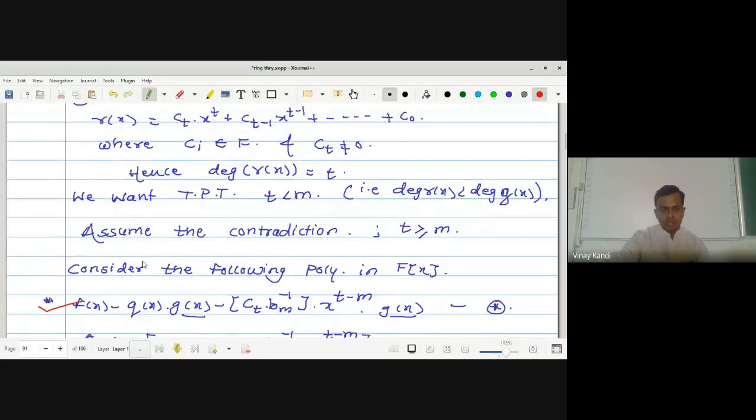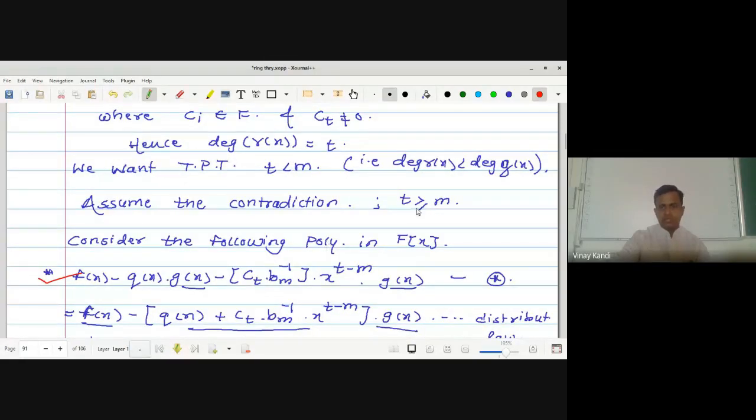Hence, our assumption is wrong. कोणता assumption wrong आहे? This one. हा assumption असा आपण consider केल्यामुळे आपल्याला contradiction मिळतो. Hence, t must be less than or equal to m.